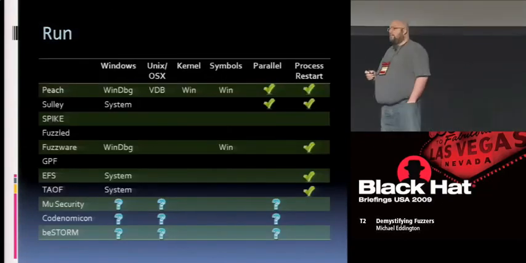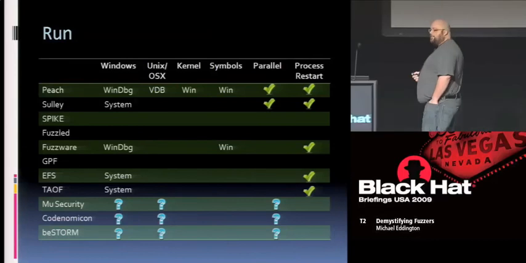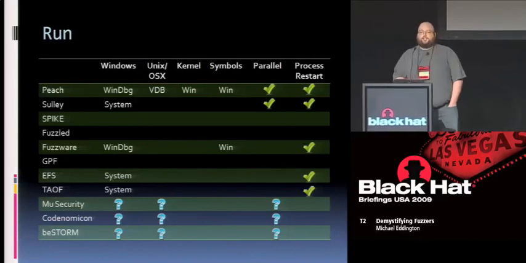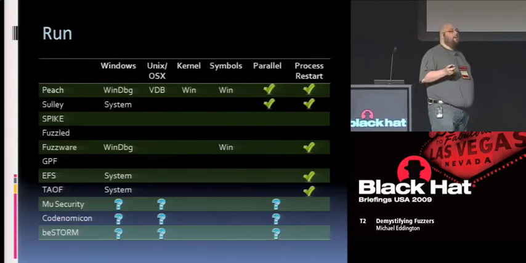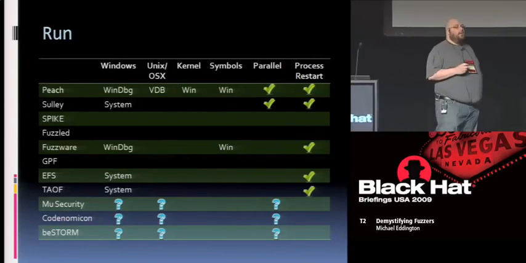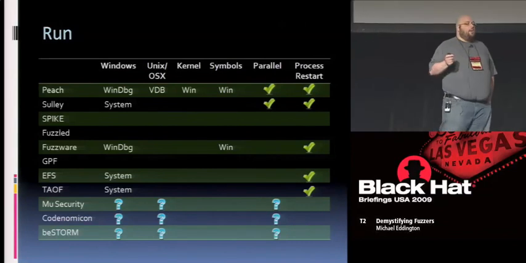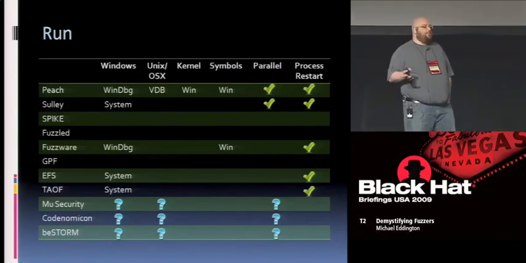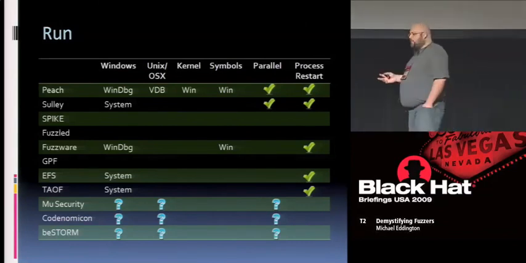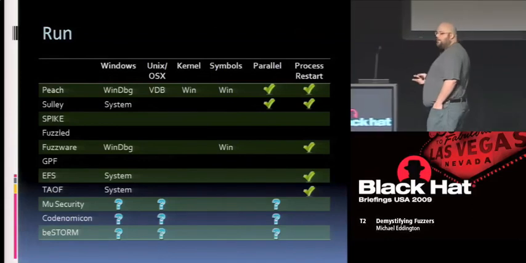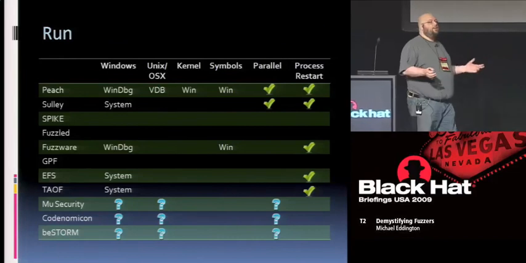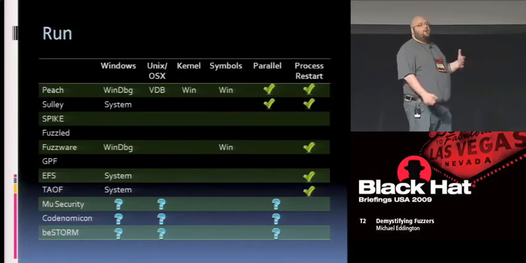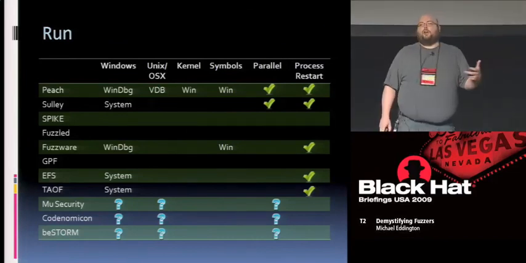So for runs, here's kind of the breakdown of fuzzers. And what I put down here is the base OS supported, whether they support kernel debugging, whether they support symbols, whether they can do parallel mode, and whether they can do process restart. Now, under Windows debugging, the big difference between WinDbg and the system debugger is, hopefully everyone here has used WinDbg before. WinDbg is the more advanced debugger for Windows.